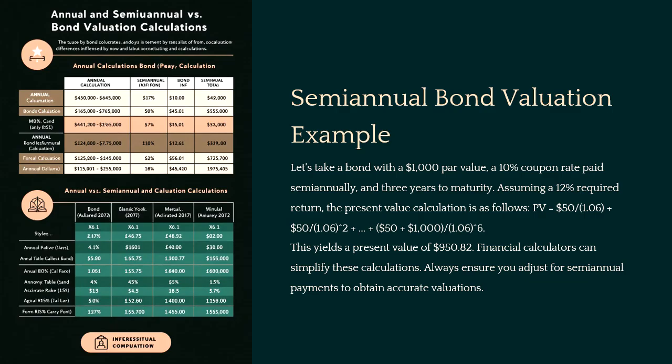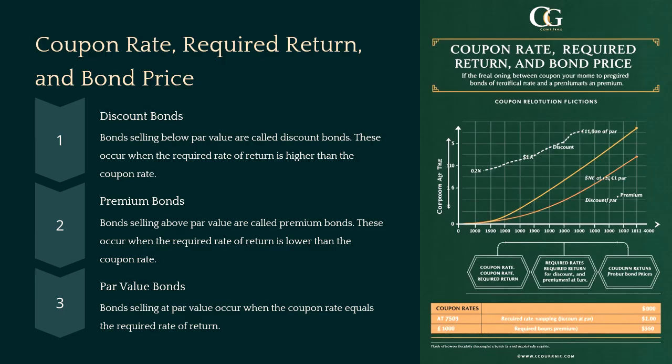Now, while you read this on your own, we go to here. Coupon rate, required return, and bond price. All the variables here will give you the character or the type of bond. First of all is the discount bond.